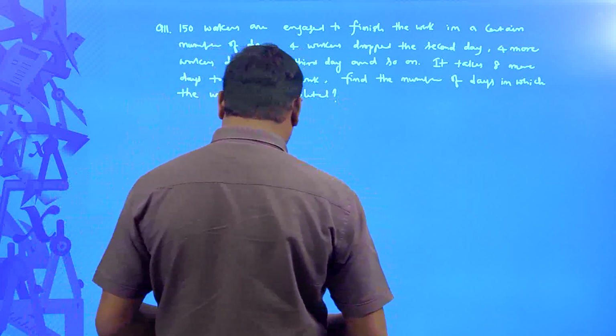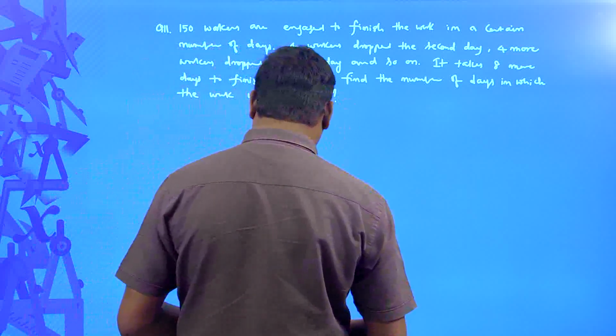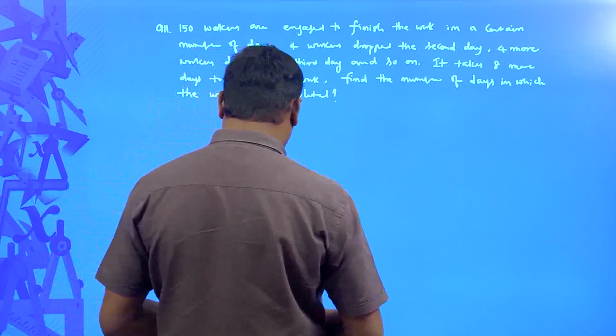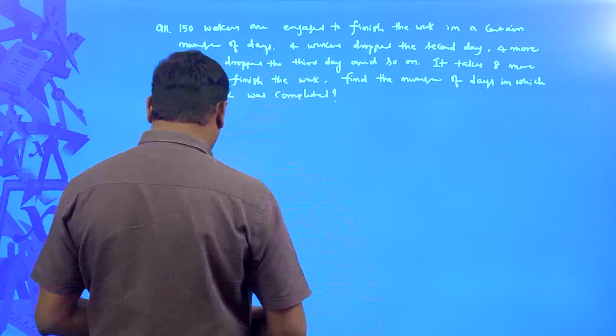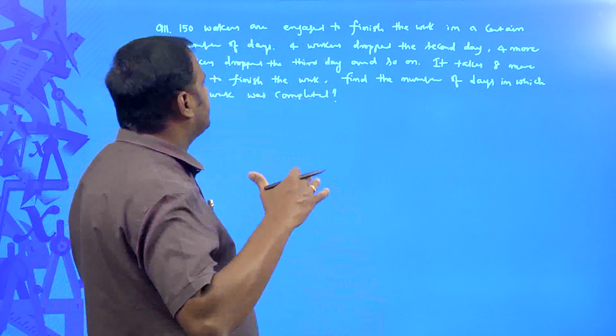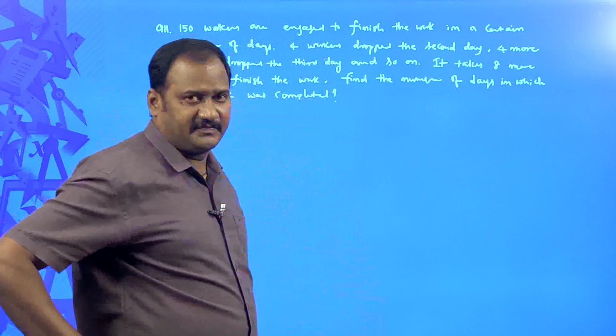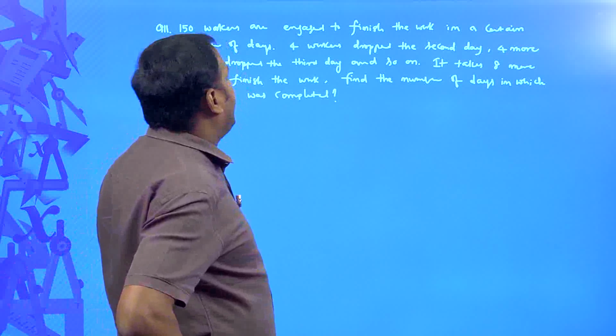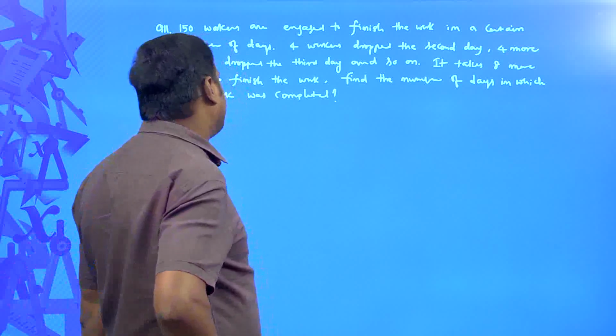See, when you are trying to read this problem, it is pretty interesting, because this problem talks about 150 workers who were engaged to finish the work in a certain number of days.